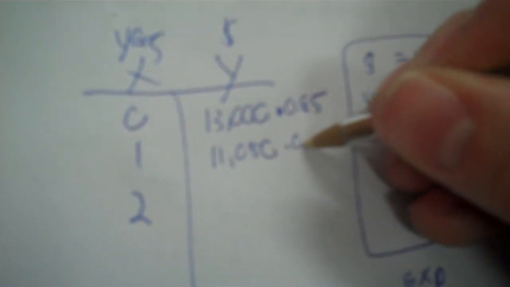$11,050 times 0.85 again. Okay, I don't care about the 0.5, just put 9,393. Okay, and they want the 10-year value. Now, we don't make a line with this.